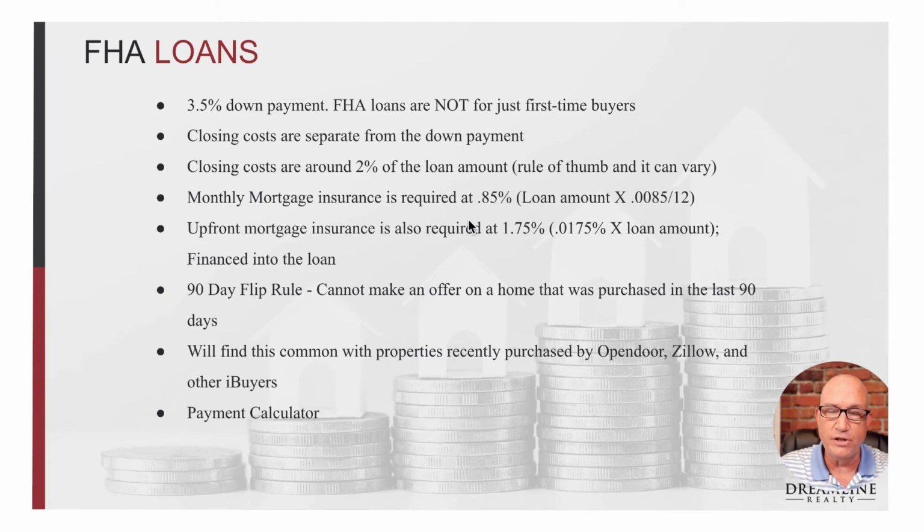So if you're looking at a property that's listed with Opendoor or Zillow or Knock or any of these other iBuyers, those people cannot get an FHA loan on those properties until Zillow or Opendoor have owned that property for 90 days. I think it's kind of a goofy rule, but that's just me. But that's the FHA policy. That's what everyone has to adhere to. So if you're looking at one of those properties, just know you're not going to be able to buy that home unless it's been sitting on the market for 90 days.